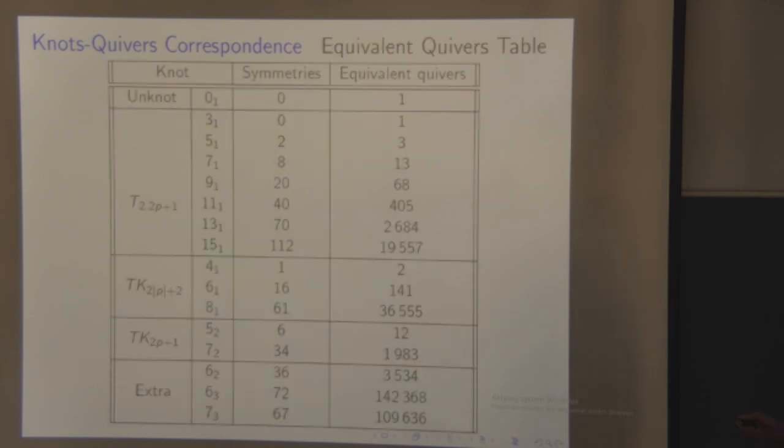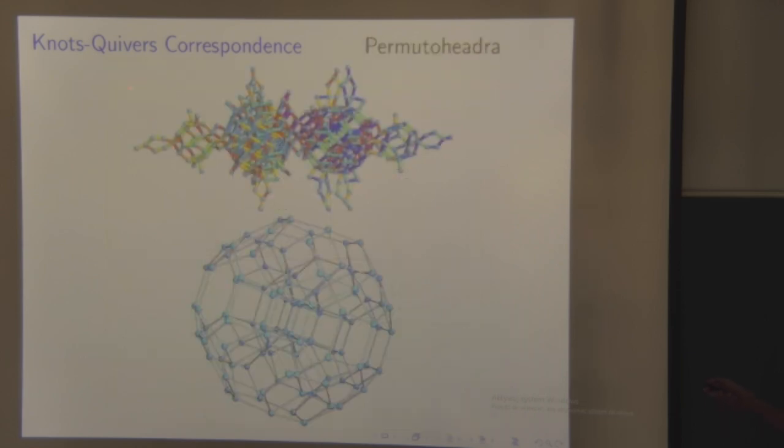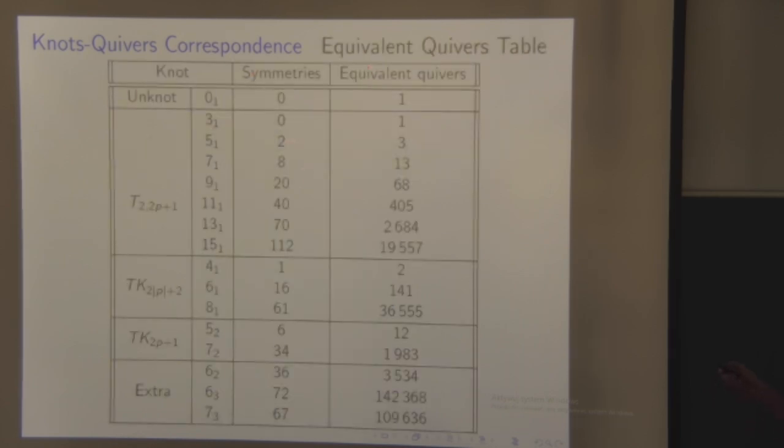So it's pretty cool. That's why this was not a chalkboard talk, because I wouldn't be able to draw this by hand. But for those who must know, we tabulated the number of equivalent quivers. So symmetries, in this case, I mean the edges, so these coloring transpositions that we can perform on the quiver matrix. And equivalent quivers, the number of nodes. So for this list of simple knots, you can already see the huge numbers, that they grow incredibly fast.